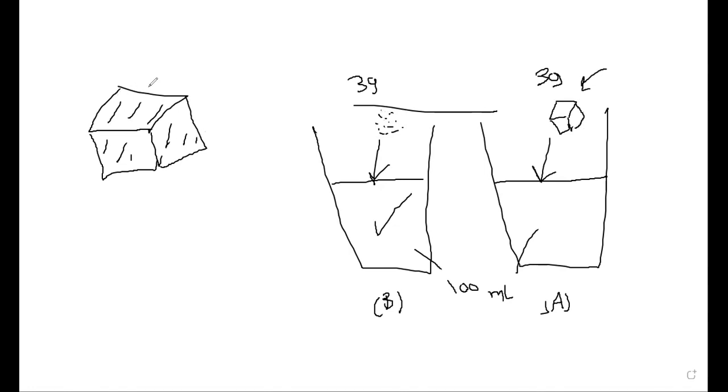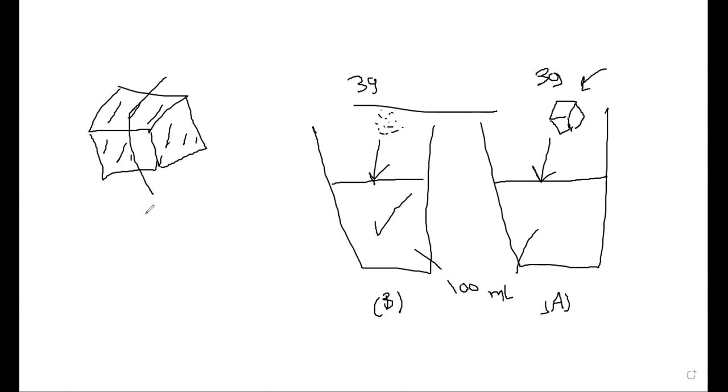But imagine if we get this cube and we divide it in half, into two pieces. So instead of just 6 sides of the cube exposed to the water, we are going to have 12 sides, so more sides are in contact with the water.